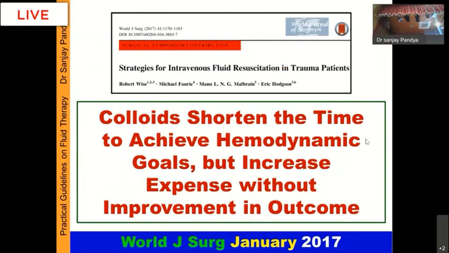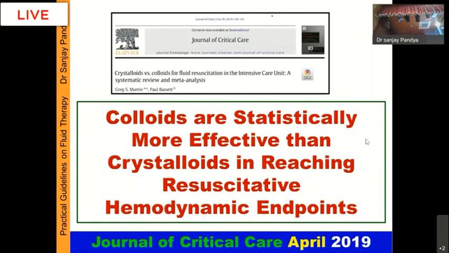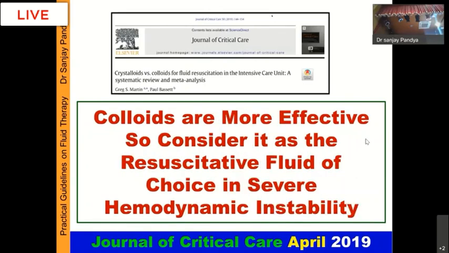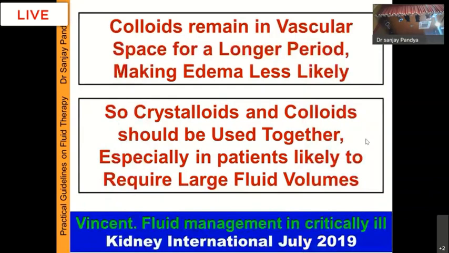Benefits are there. It shortens the time to achieve hemodynamic goals, but increases the expense. It is more effective than crystalloid and stays in the intravascular compartment for a longer time. Most effective, so it will help to bring the blood pressure up fast. So if you have given crystalloid and blood pressure is not improving, then in selected patients you may give albumin along with it.